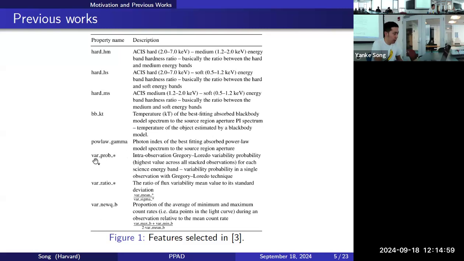And they have these three variables, which are variability probabilities, variability ratios, and indexes of the output of the Gregory-Loredo algorithm, which is a statistics algorithm that I'm going to introduce briefly. But the takeaway here is that all those manually selected features require either domain knowledge or model fitting or both.